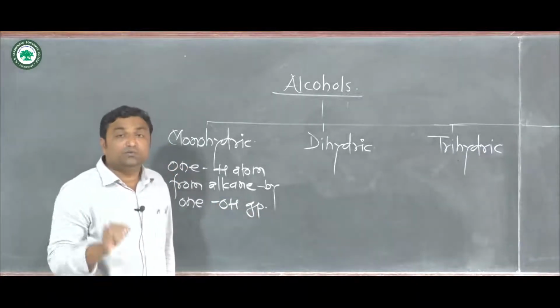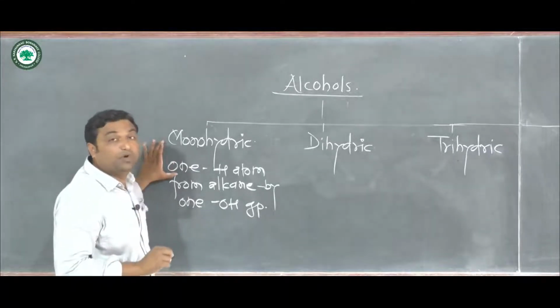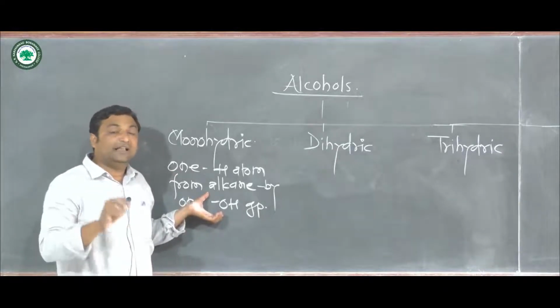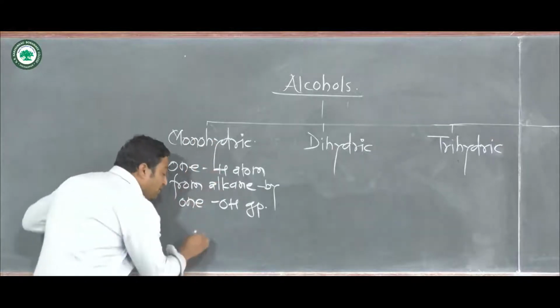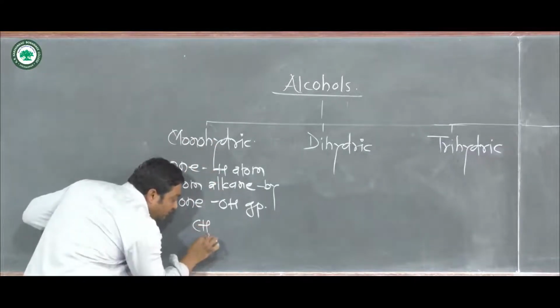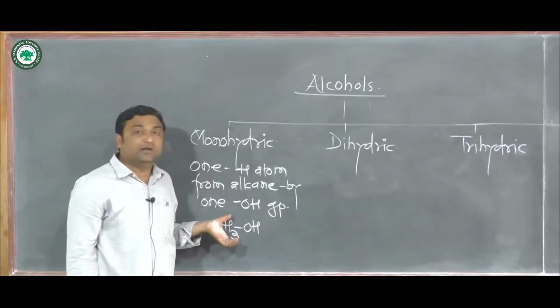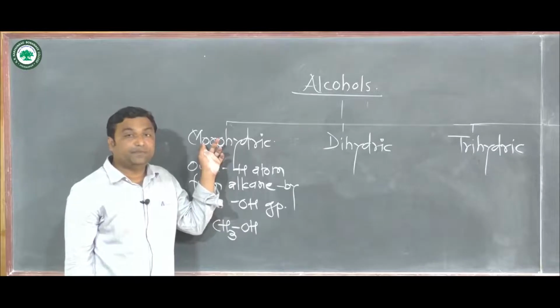Whatever alcohol we obtain by replacement of one hydrogen atom from an alkane by one OH group is monohydric alcohol. For example, methyl alcohol and ethyl alcohol are examples of monohydric alcohols.